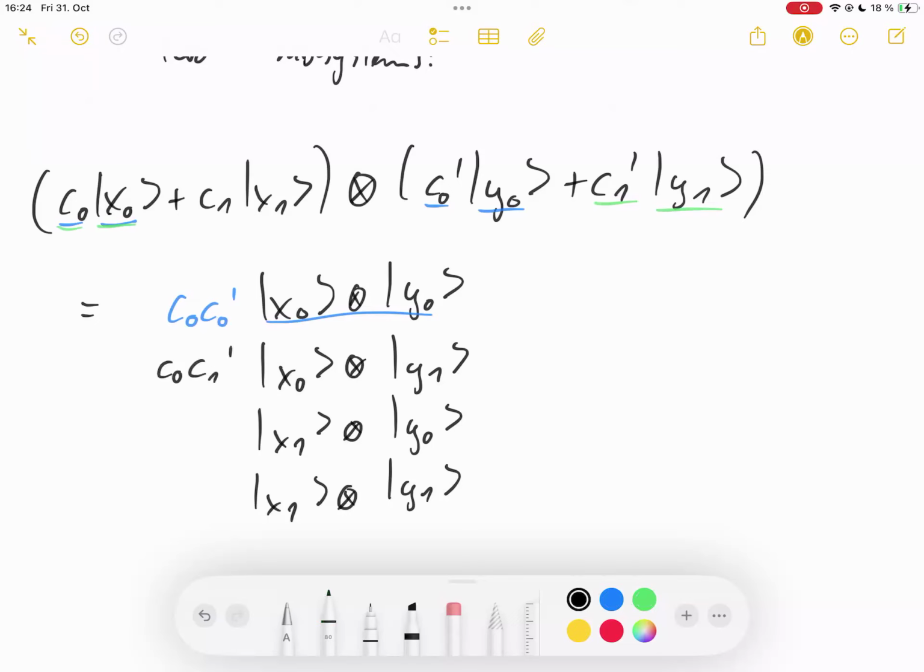And the same for the others, which would be C1 and C0 prime, and C1 and C1 prime. So this comes from C1 for X1 and C1 prime for Y1. We just sum all of this together for our linear combination.